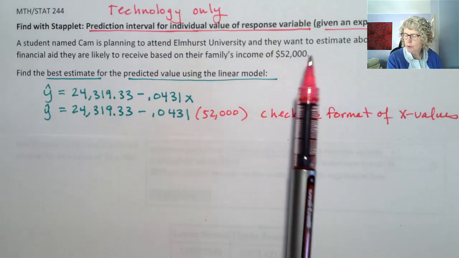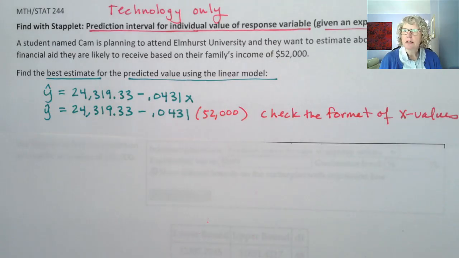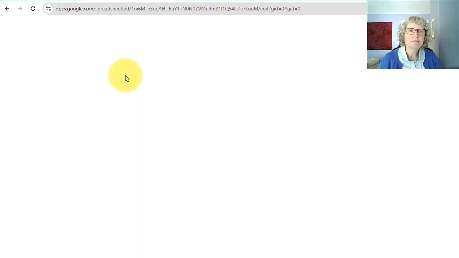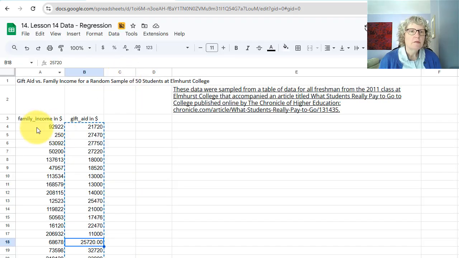This one, remember, was in dollars. Let's go back and double check. Family income is in dollars, so I want to make sure that it's entered as 52000, which looks like it is. If this said thousands of dollars, then I would just need to put in 52. Otherwise, I would get way too big or small of a value. The value wouldn't make sense. So just be mindful.